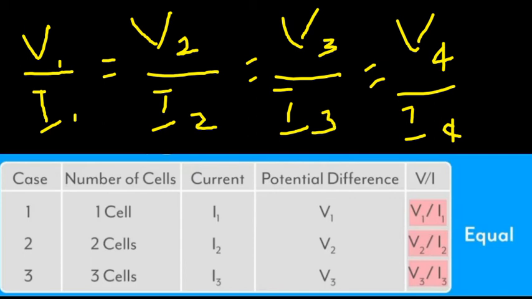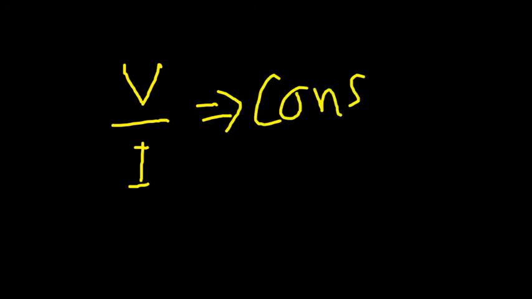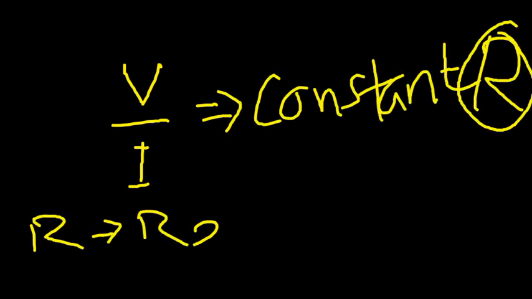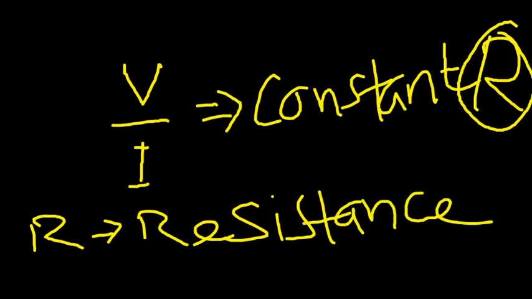The constant obtained as the ratio between the potential difference and current is considered the resistance of that conducting wire. Here we consider the nichrome wire, and the V by I ratio is obtained as a constant value, which is considered the resistance of that nichrome wire.